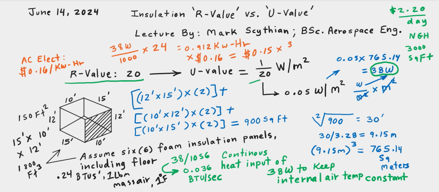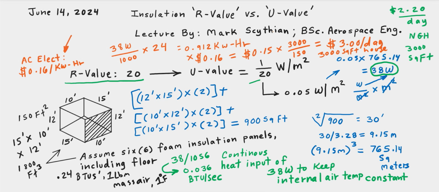So 3,000 divided into 150, 20 times 0.15. So this comes to $3 a day for a 3,000 square foot house under the AC electric model.